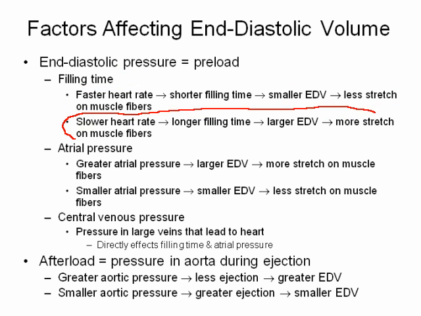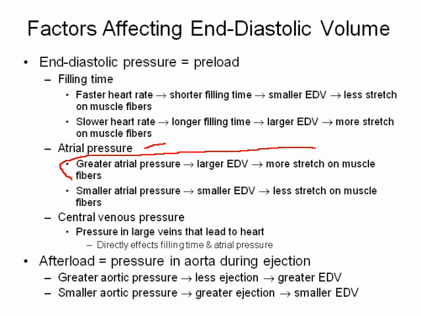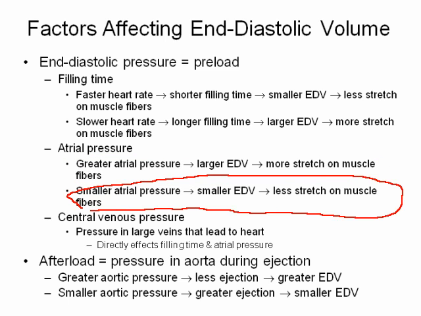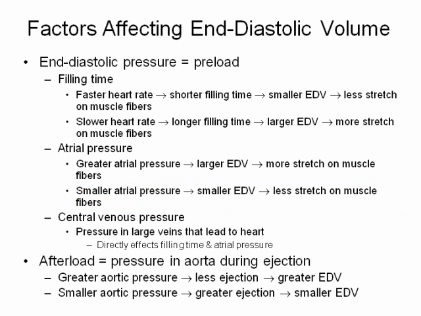If heart rate is slower, we have a longer filling time, therefore we're likely to have a larger end diastolic volume and more stretch on the muscle fibers. Atrial pressure, we've already talked about that, but we'll review it again. Greater atrial pressure increases end diastolic volume because, of course, it's pushing more blood into the ventricle, which produces more stretch on the muscle fibers. Smaller atrial pressure produces a smaller end diastolic volume, therefore a lower stretch.